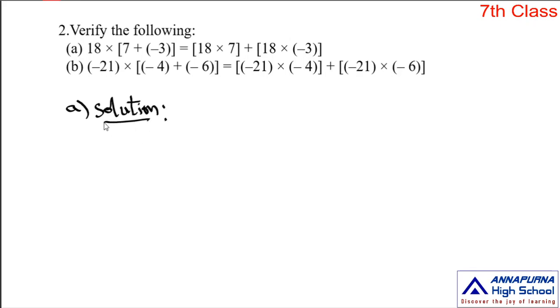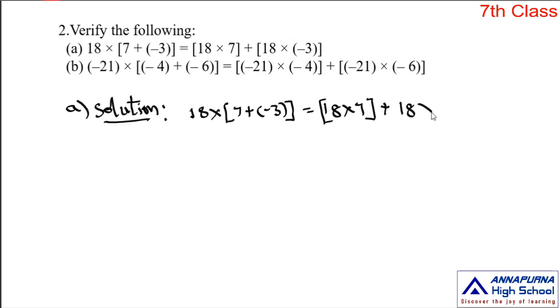What is the given problem? 18 into 7 plus of minus 3 is equal to 18 into 7 plus 18 into minus 3. So you just verify it.